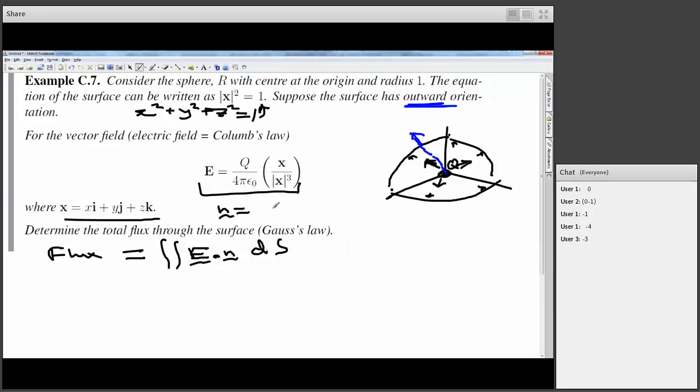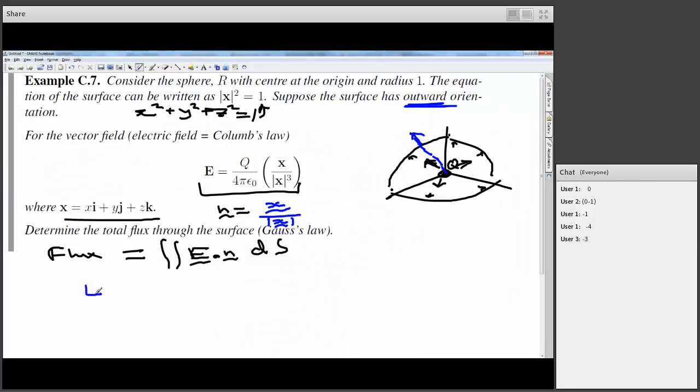So for any x, y, z, it's just the direction it is from the origin, which we write as x, y, z, or x tilde for short. That's really just the direction of the normal, I should state. And then we just need to divide through by its length to make it a unit normal.